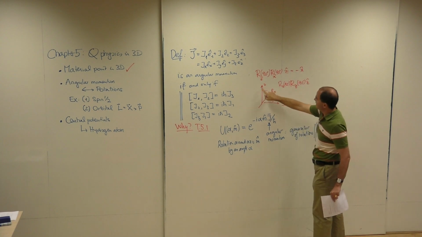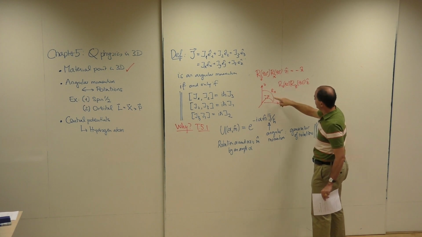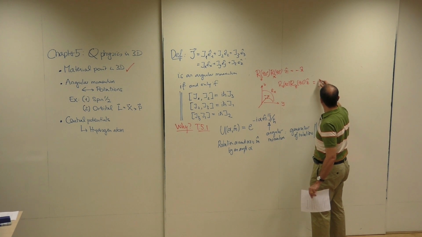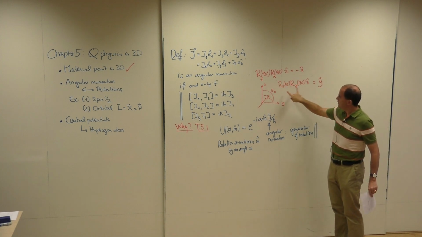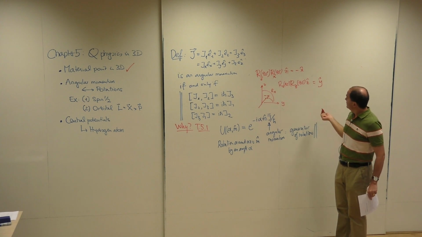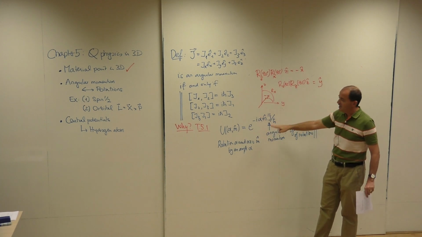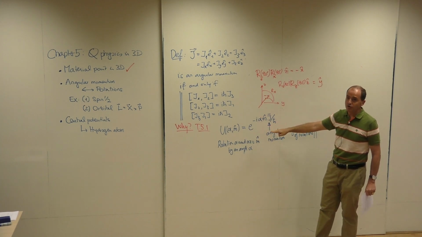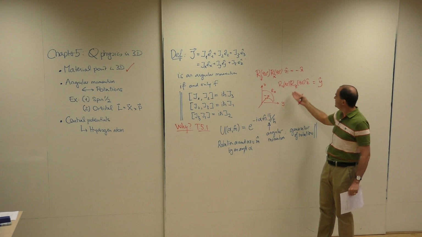Well, z rotating around z doesn't change, so this is z, and now I rotate z around x, I would get y. So you see, this is the famous case that rotations do not commute. And these unitary operators must do exactly the same. They are representing rotations. This is what is called a representation of the group of rotations. So they must obey the same algebra.